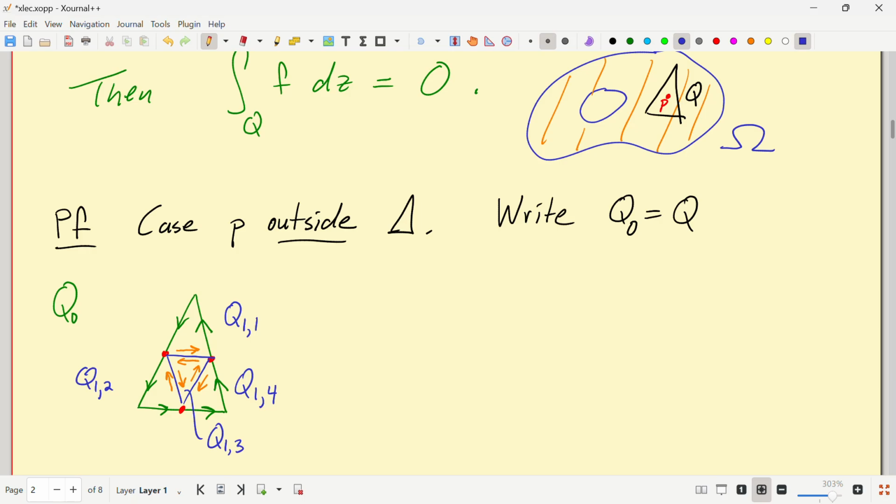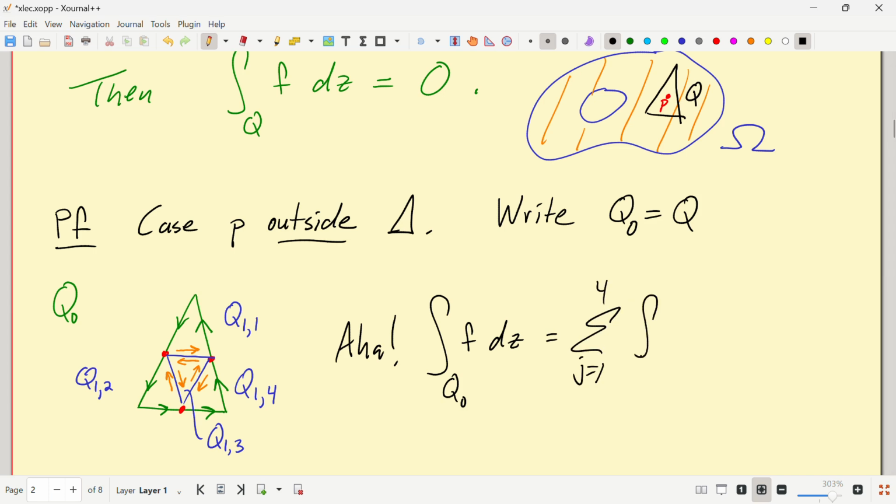So the aha moment that's going to make this interesting is that the integral around Q0 of f dz is equal to the sum, as j goes from 1 to 4, of the integrals around the smaller ones, Q1,j of f dz. And that's because those little orange arrows are going opposite directions, so those are going to cancel when you add them up. Questions about that?